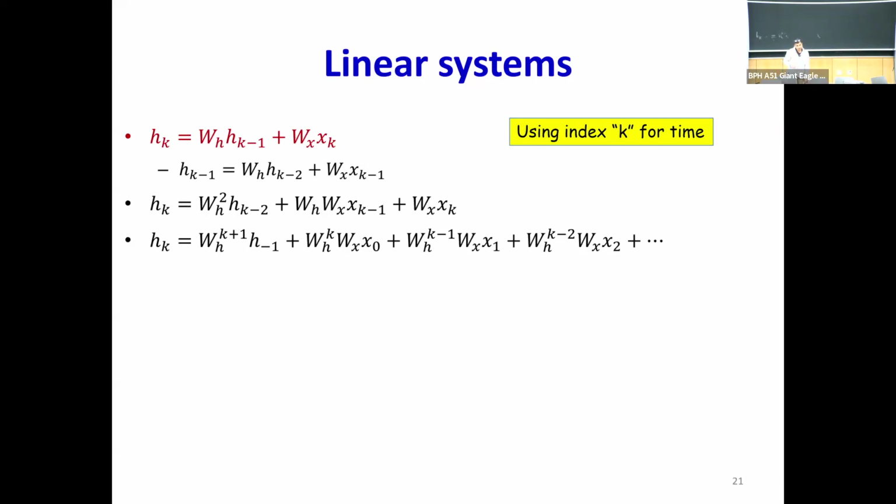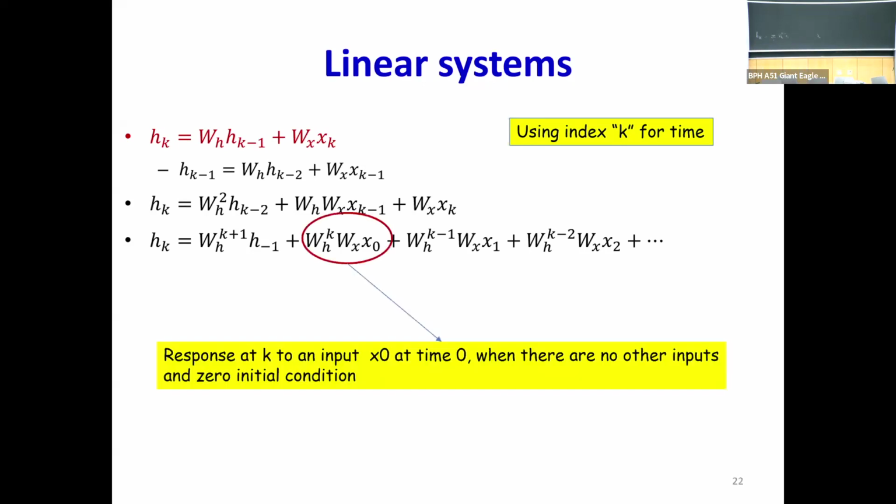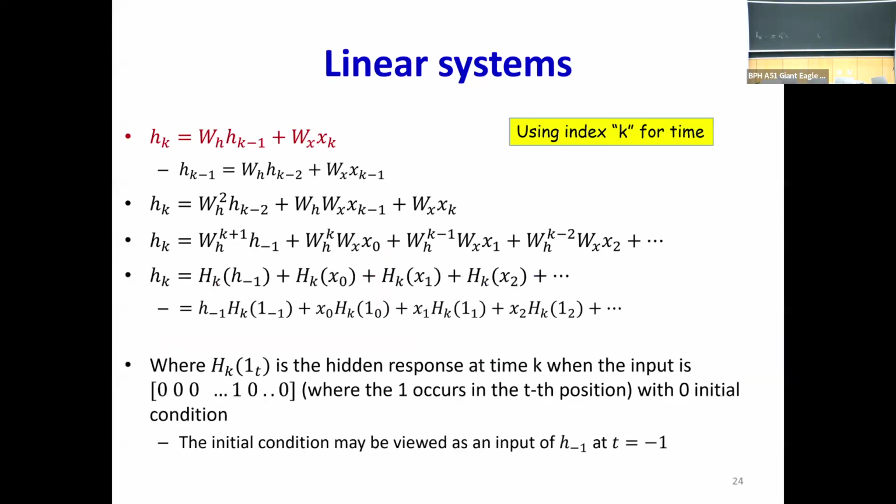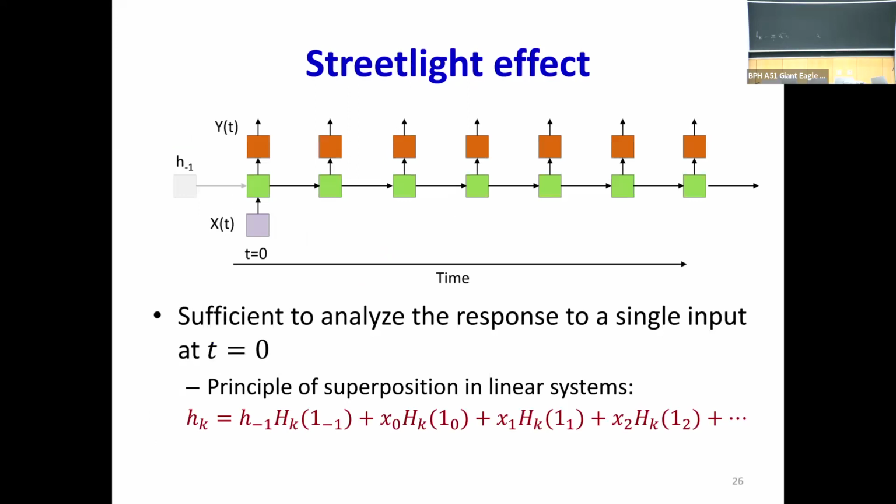And if it doesn't blow up for x0, it's not going to blow up for things that follow. So I just need to look at what happens to a single input at time t equals 0, and everything else follows. If the output does not explode with just a single input at t0, then it's never going to explode. Now, let's analyze this.